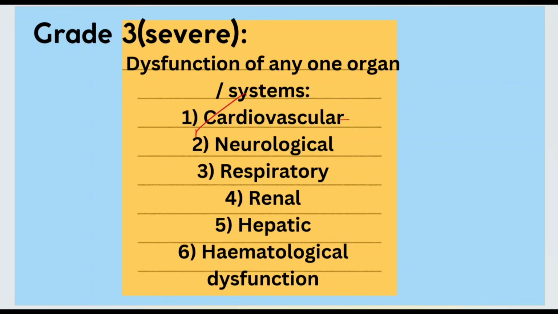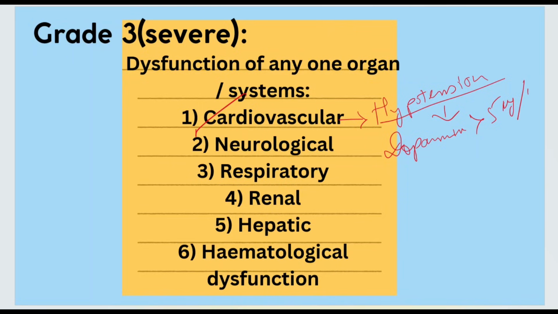Patient will have hypotension and may require dopamine, more than 5 microgram per kg per minute. Or if he requires epinephrine, any dose of epinephrine, we consider that patient is grade 3 cholecystitis.